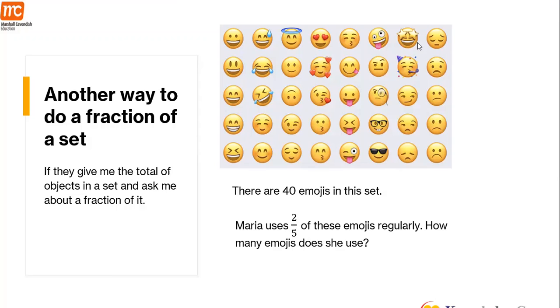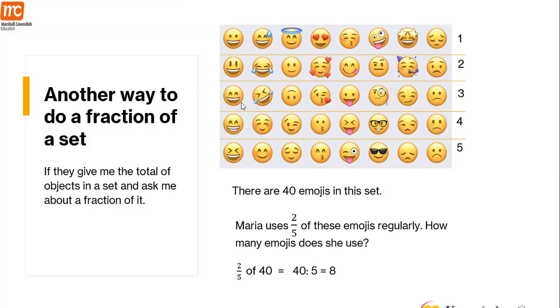So I'm going to divide my set of emojis into 5 equal parts. 1 part, 2 parts, 3 parts, 4 parts, 5 parts. How do I know? Because they're arranged in a row, and so they're easy to divide this way. But of course, I can do it with an operation. 2/5 of 40 means that I have to divide 40 by 5. 40 divided by 5 equals 8.